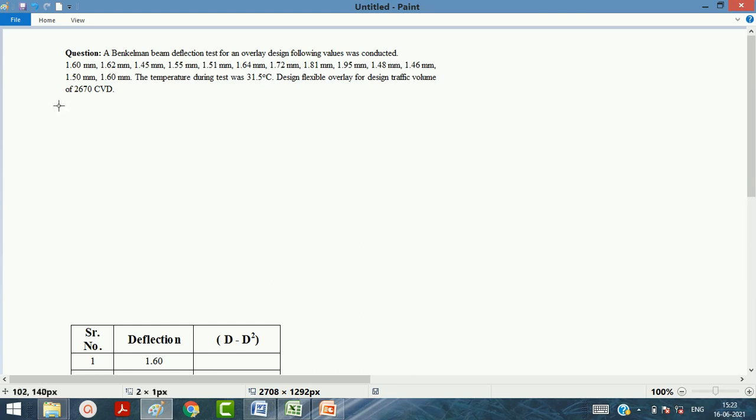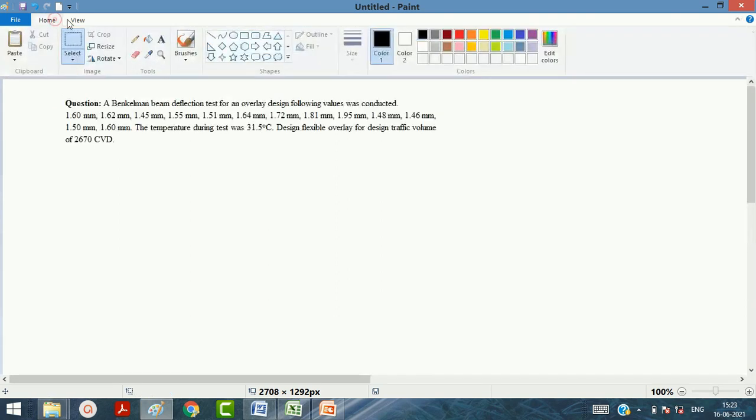So basically we have to calculate the thickness of overlay.